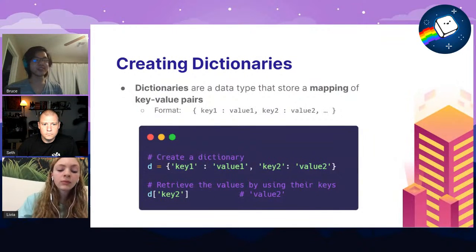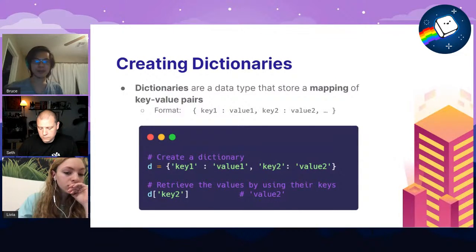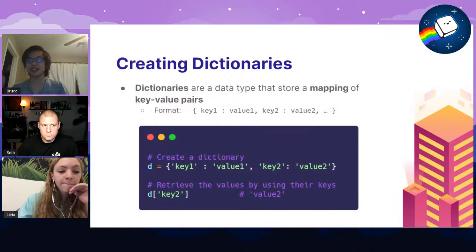There are specific values that can and can't be keys. Strings can be keys. Numbers can be keys. Really, the trick with what can and can't be a key is 2 things. First of all, you can't have 2 of the same key, right? Because if you try to access a value, by the way, you access a value by indexing, but instead of with a number, you index with the name of the key, and that'll give you the value associated with it.